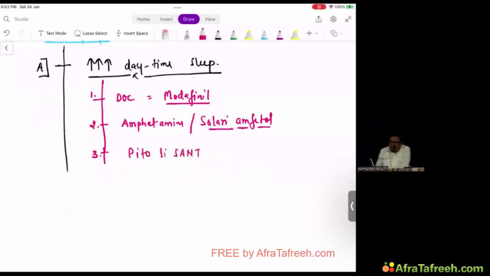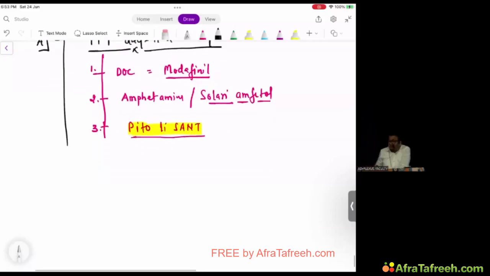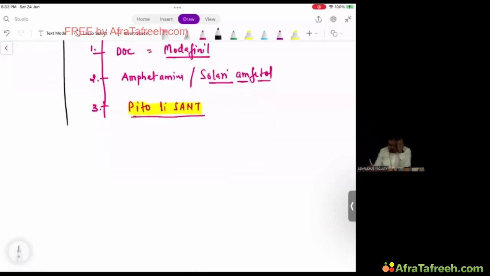Now try to understand this drug. This question was recently asked. This is slightly off the topic, but let's try and understand. You see, histamine keeps you awake. Histamine increases wakefulness.